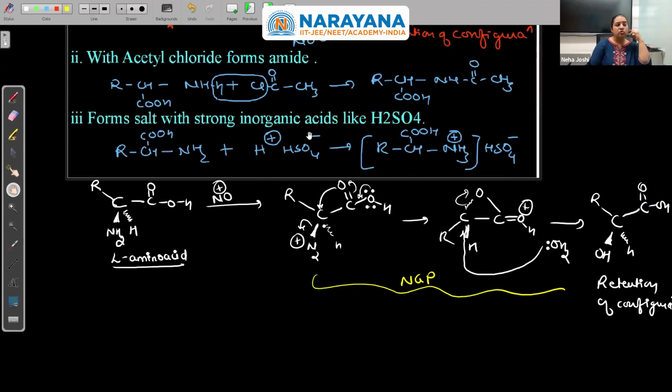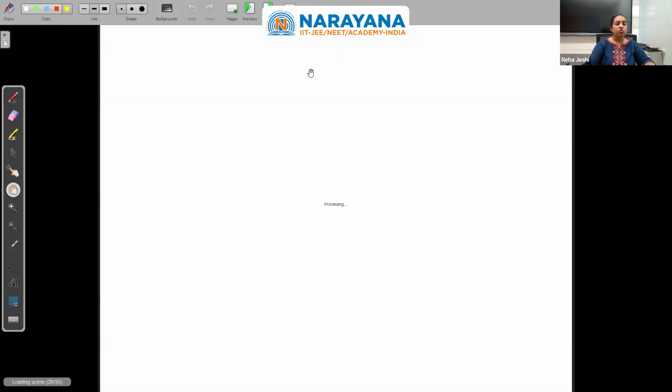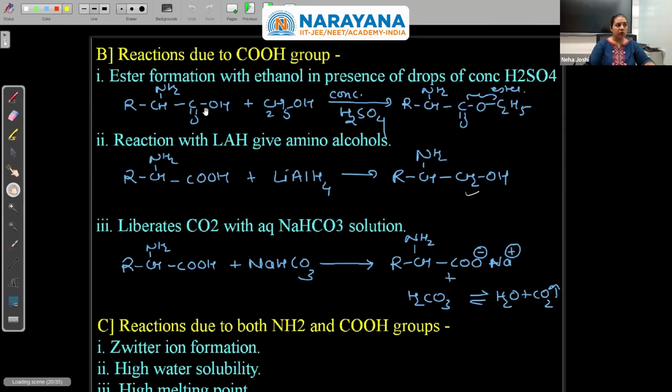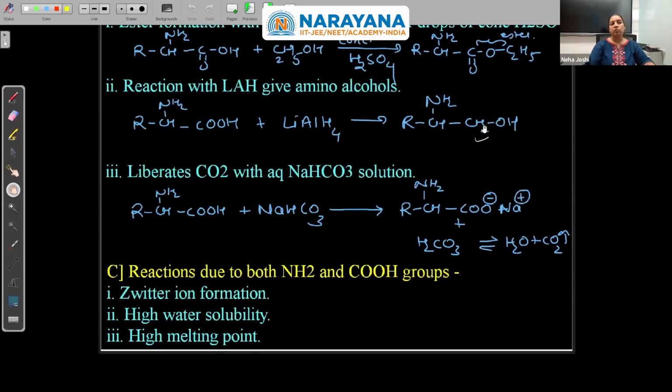It forms salt with strong inorganic acid because NH2, rather CO minus, will act as a basic center. Right? Because Zwitterion existence is more. Then due to COH: acid plus alcohol forming ester. That reaction will be observed. If I reduce it with LAH, COOH will be reduced to CH2OH. Okay, no problem.